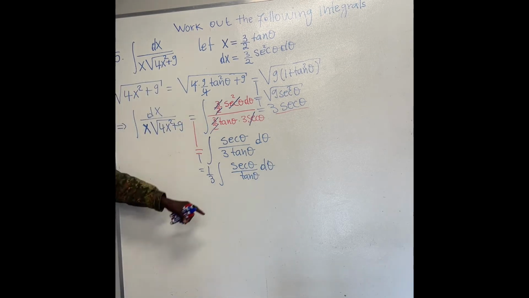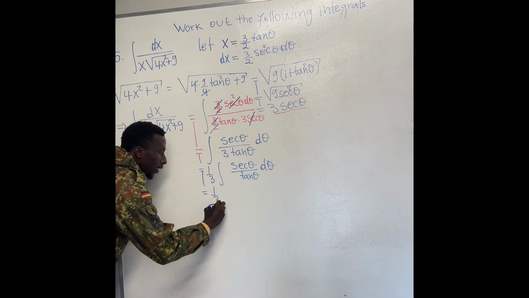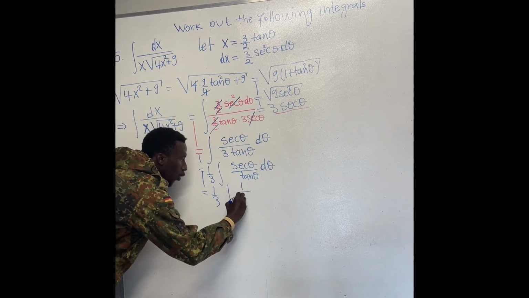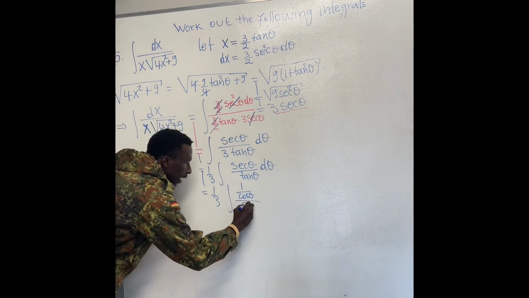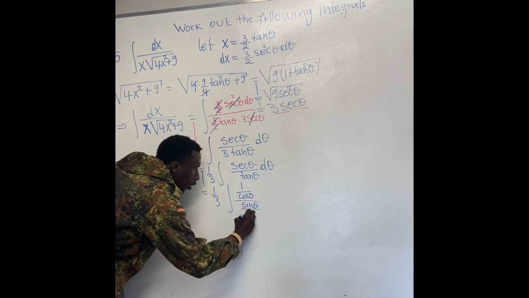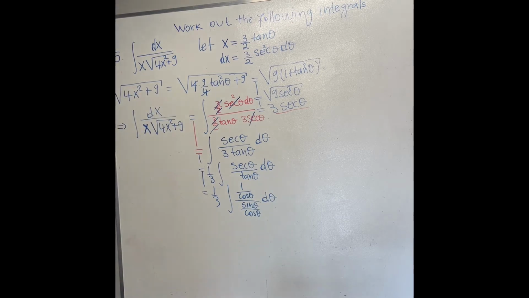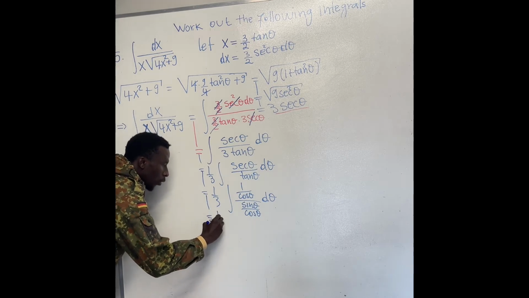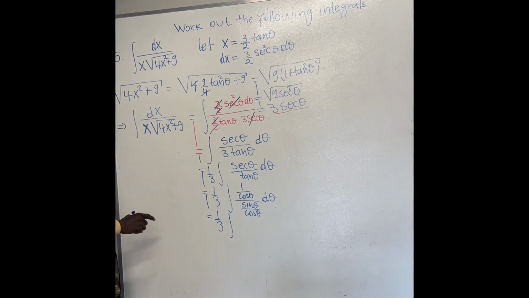So what is sec? Sec is 1 over cos. So we're going to have 1 over 3 the integral of 1 over cos theta divided by tan. What is tan? Tan is sine theta over cos theta, d theta. Right? So we're going to have 1 over 3 integration, and can you see?